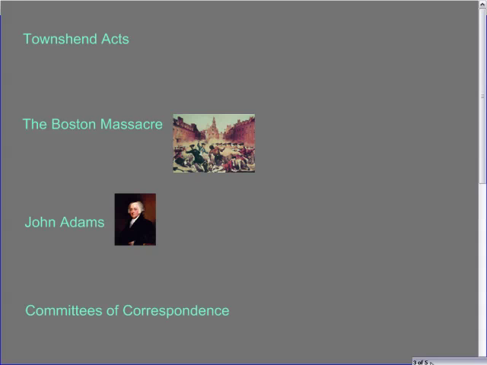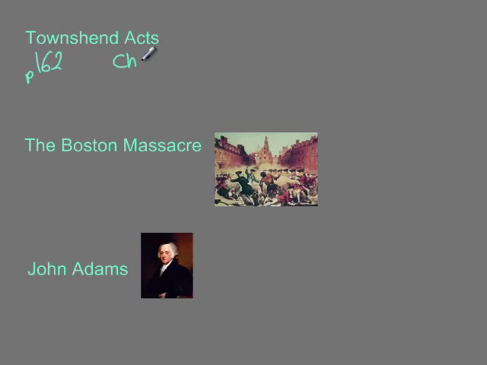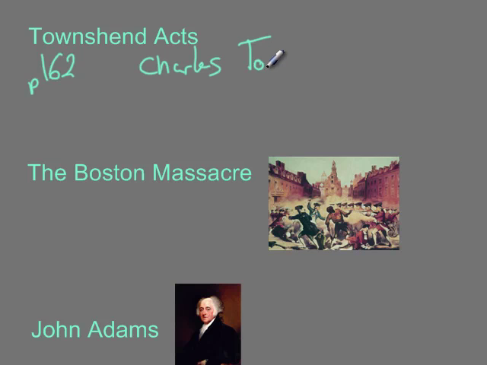So they put in the Townshend Acts, which you can find on page 162. These are thought of by Charles Townshend, obviously, because they are named after him. But this is going to tax imports like glass and tea and paper, and this makes the colonists really angry.